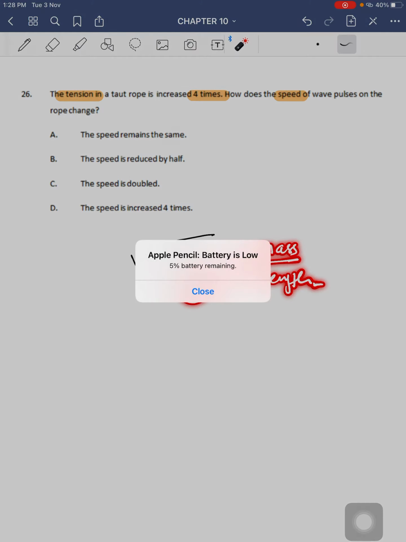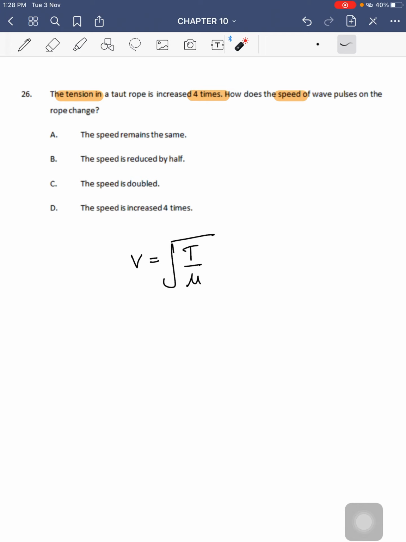Now the question asks about the relationship between velocity and tension. So here is the relationship between them. V is directly proportional to the square root of T, isn't it? So if the tension is increased 4 times, we put 4 here, 4 times the tension.